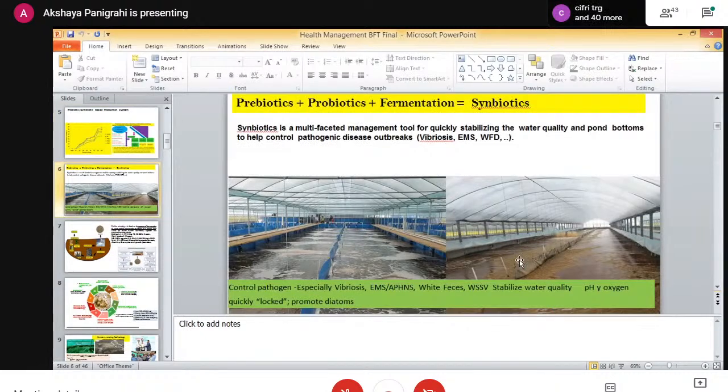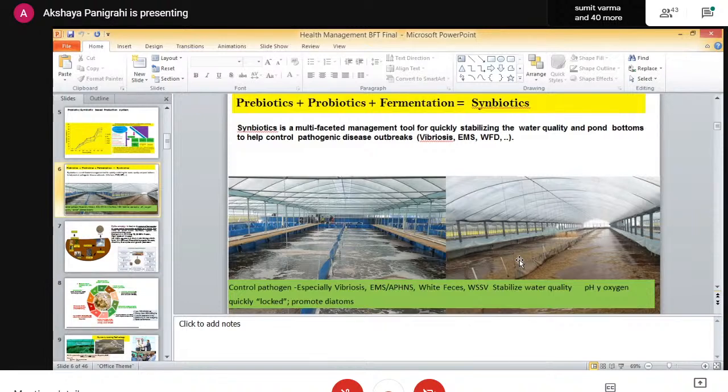So these are the concepts before biofloc that our Indian farmers are attached to. Now, with probiotics, fermentation and prebiotics, another feed component which promotes probiotic bacterial growth, comes the symbiotic concept.